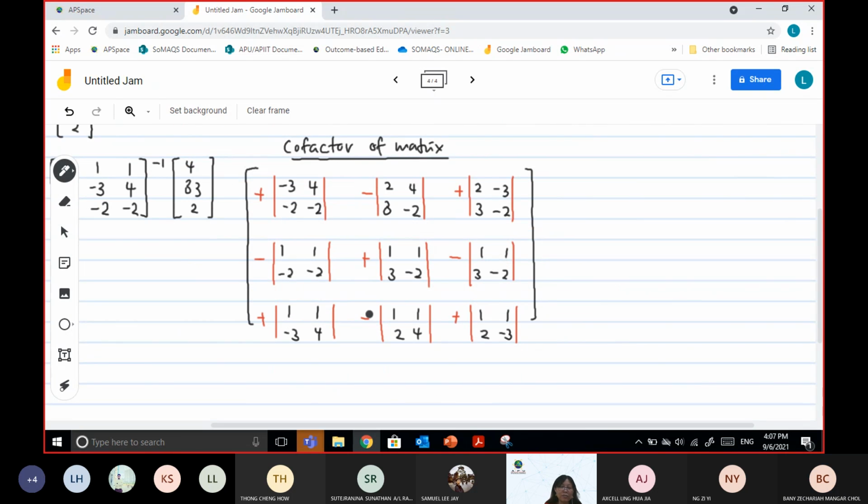Then next, we need to calculate the value. So let's calculate the value. Okay, students, I write my answer. Let me know if I have any mistakes here.